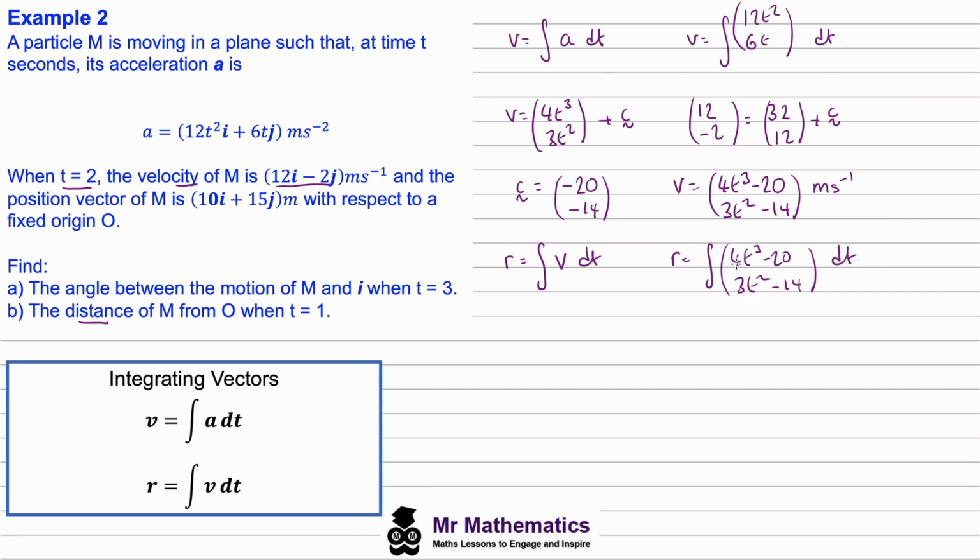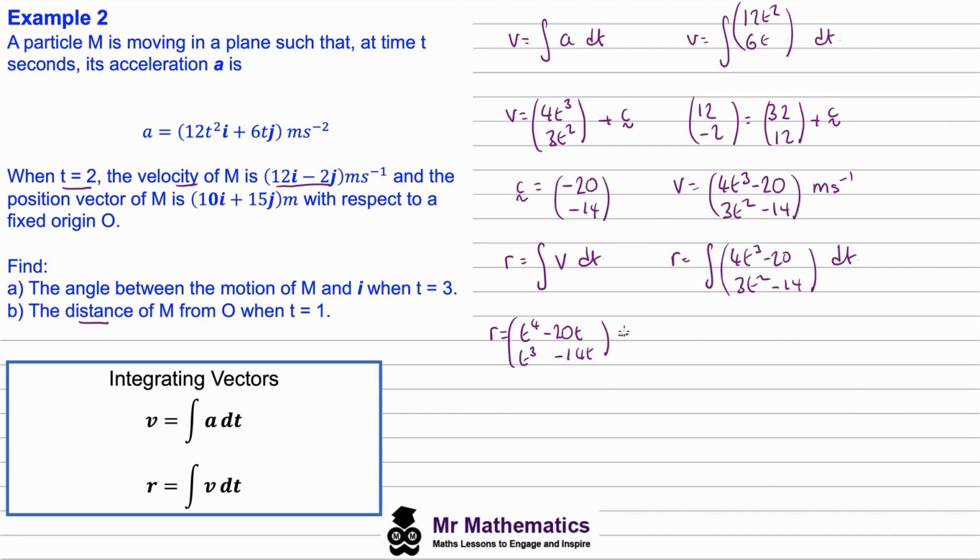So if we integrate our i component, r will be 4t to the 4 over 4, so t to the 4, minus 20t. And for the j component, 3t cubed over 3, so t cubed minus 14t.